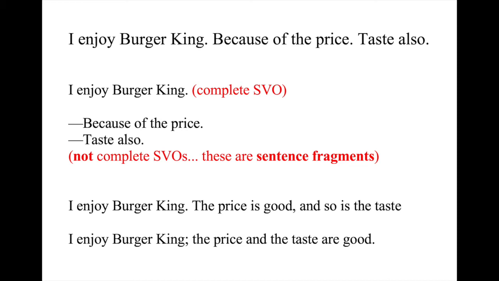Each is an SVO. Each is a complete sentence, could be a complete sentence on its own. And each is an independent clause. So these are all ways of expressing the same information. But to go back to that top example, I enjoy Burger King because of the price, taste also.